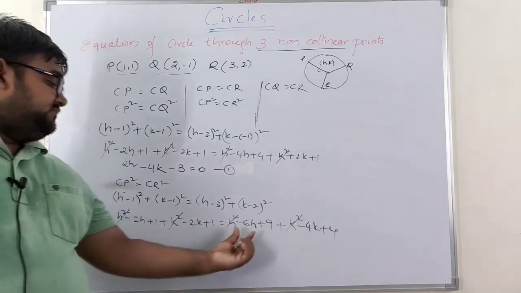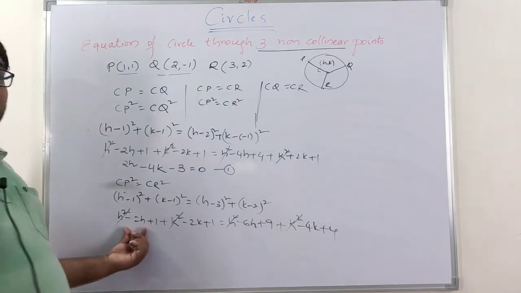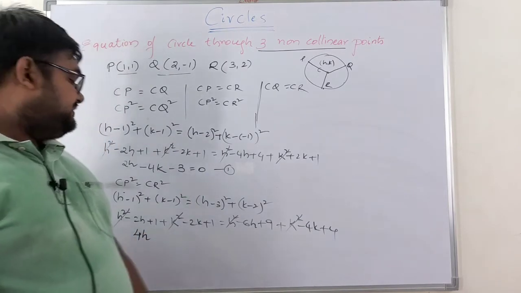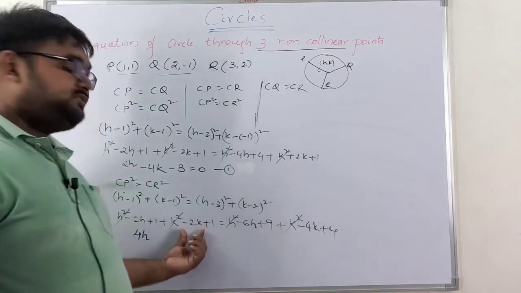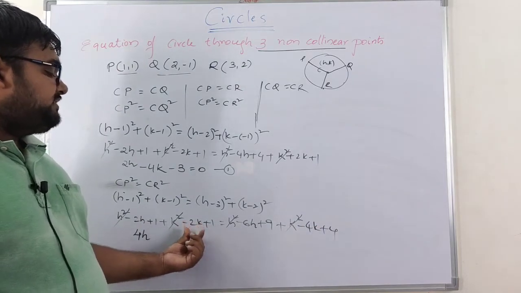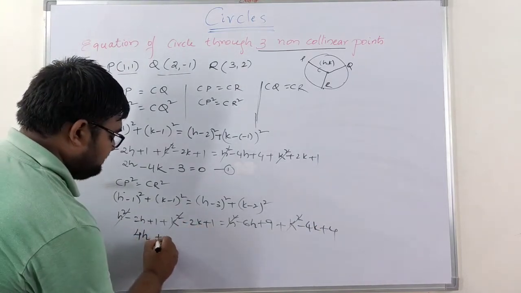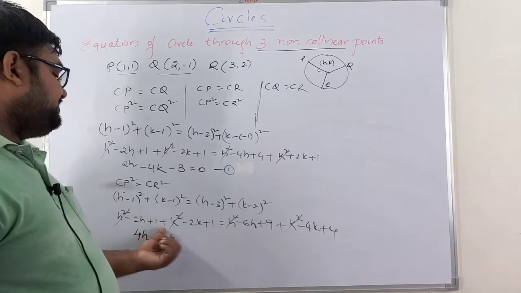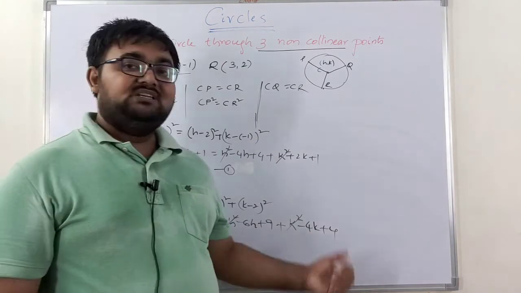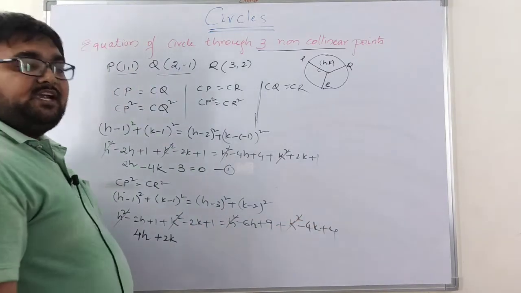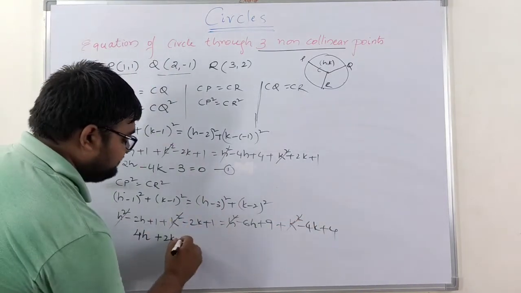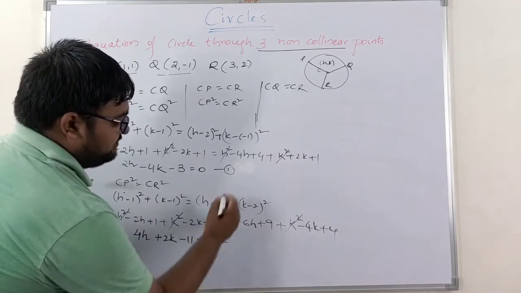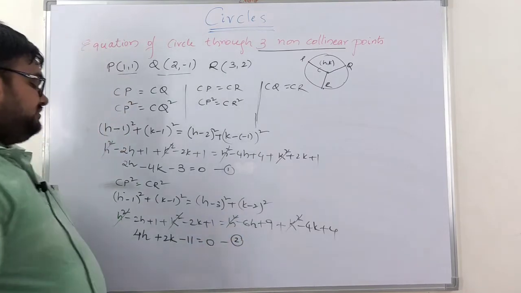Now transposing the terms, minus 6h if I transpose, plus 6h minus 2h is 4h. Next, k terms, minus 4k if I transpose, plus 4k minus 2k is plus 2k. Next, 1 plus 1 is 2, 9 plus 4 is 13, if I transpose it becomes minus 13. Minus 13 plus 2 is minus 11, equal to 0. So let this be equation number 2.